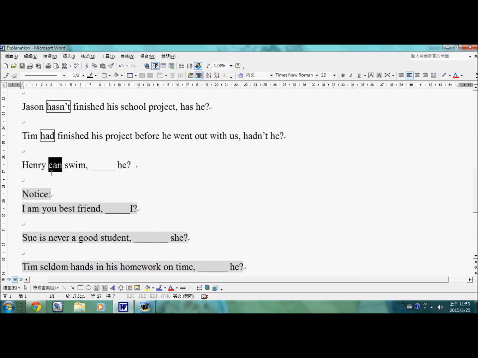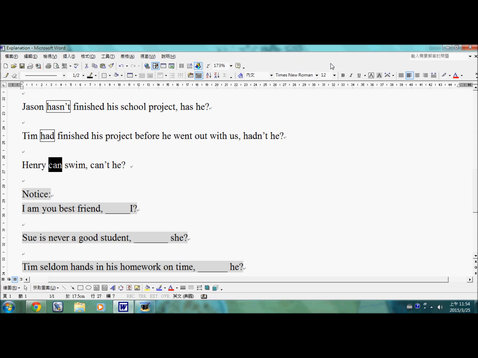A modal verb, regardless, is can, should, would, or any kind of modal verb. We use the modal verb in the statement, we use the modal verb in the question tag. So Henry can swim, positive, negative question tag here. It should be can't he. So Henry can swim, can't he, is asking for confirmation.